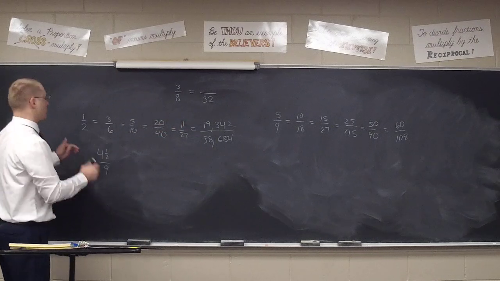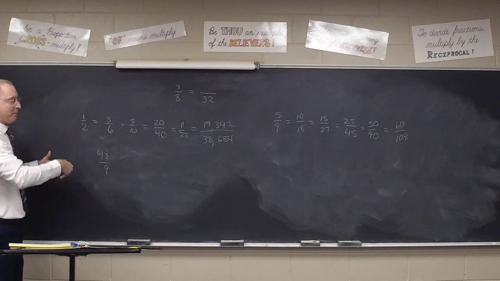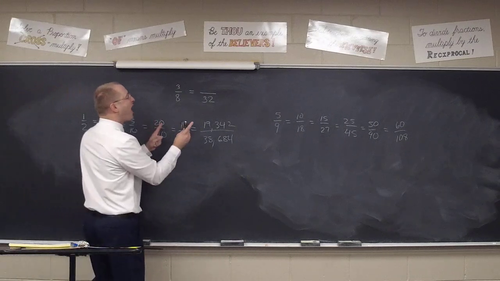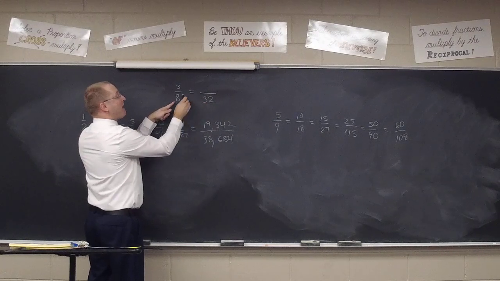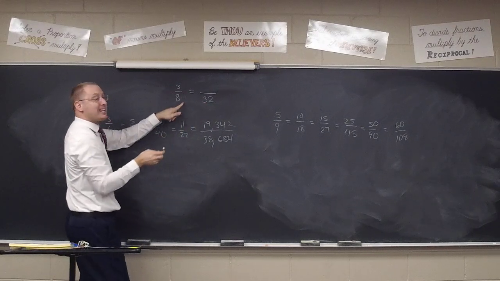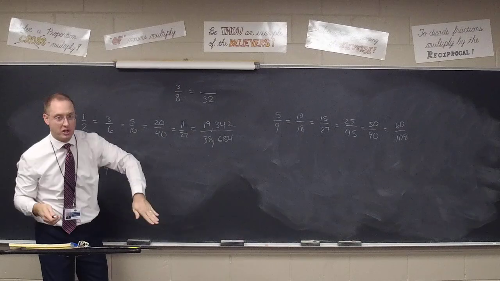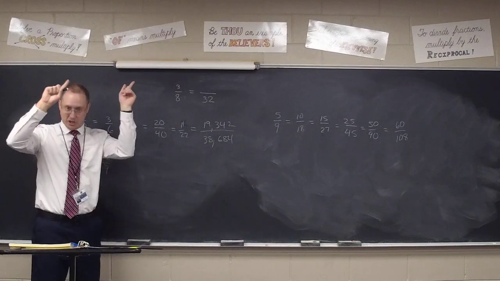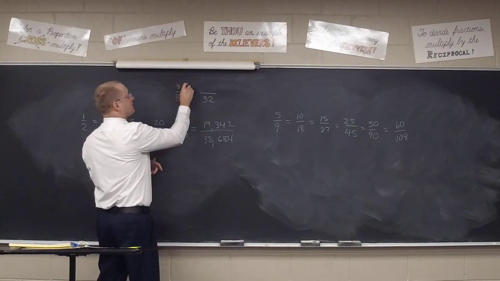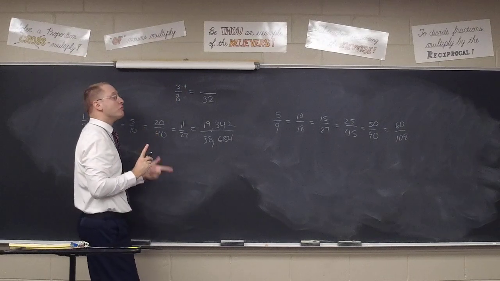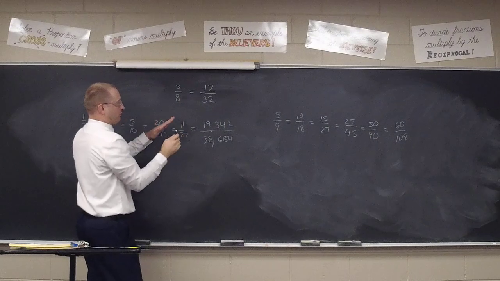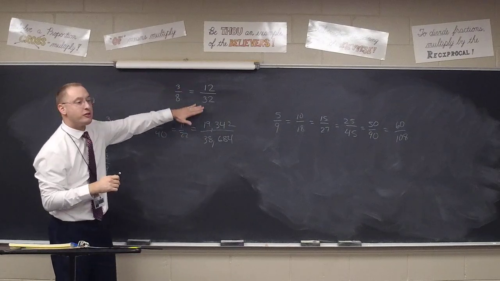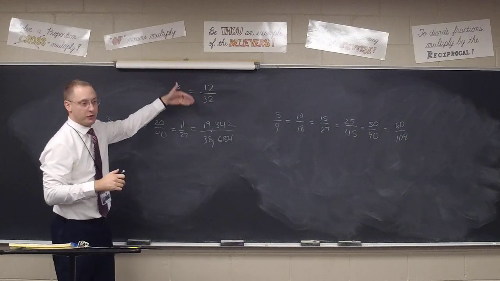Well, in this case, instead of just arbitrarily multiplying top and bottom by something, you're going to have to figure out what did the denominator get multiplied by here, class? 4. Apparently it got multiplied by a 4, and if that's what I do to the bottom, what you do to the bottom, class? You've got to do to the top. So I also would have to multiply the top by a 4 to make what numerator, Griffin? 12. So not just any old equivalent fraction, but specifically if you need the denominator 32, 12/32.